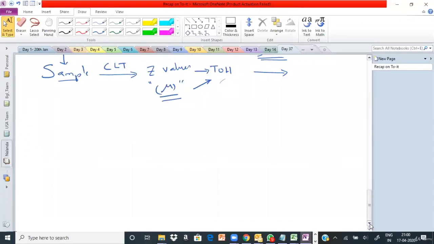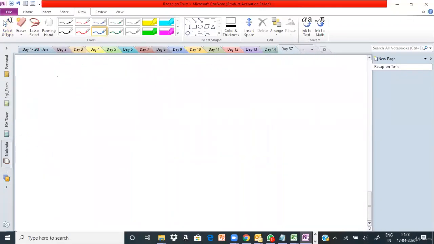Let me execute the same example once again, but with a different view. Example 2. Now I am taking the production engineer's view. What is the production engineer's view? What is his H0 and what is his H1? Simple, right?